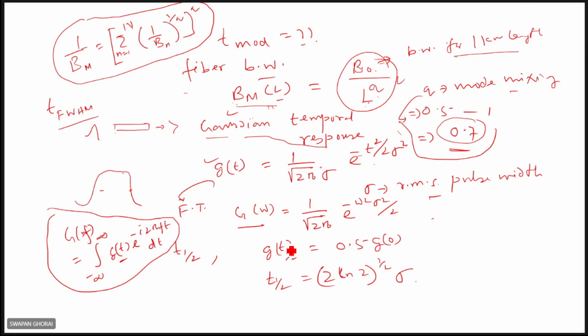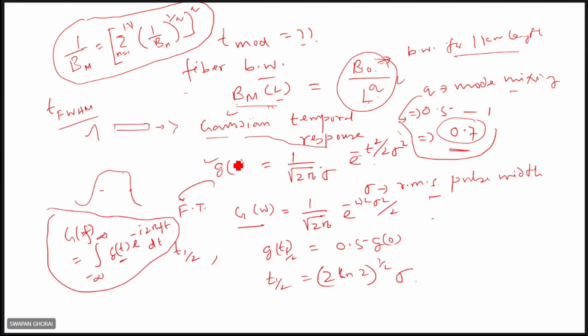So put t equal to 0 to get g0, and put t equal to t half. So g(t half) is 0.5 of g0. If you just solve these expressions, then you can find t half, that will be twice log of 2, whole to the power half, times sigma. You will get this one.